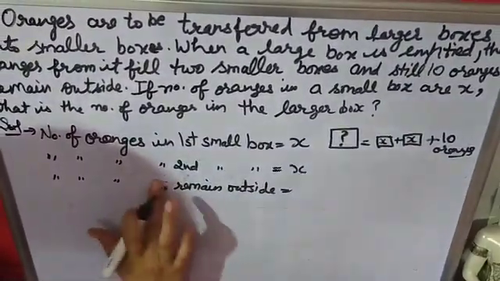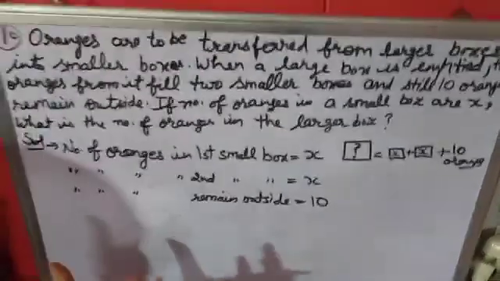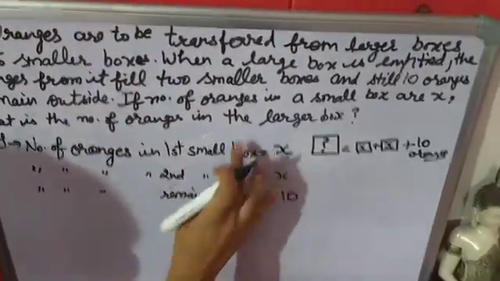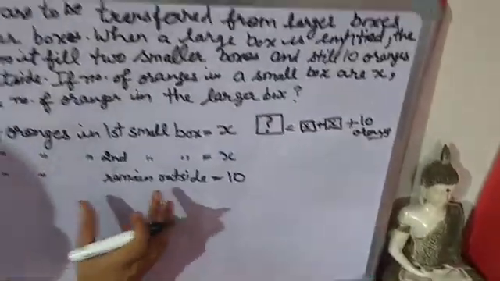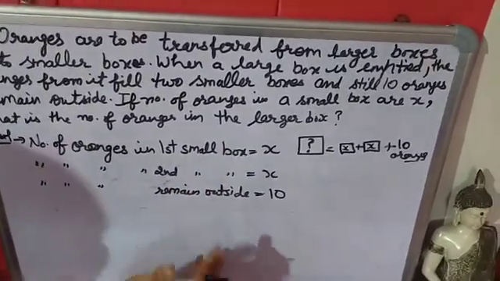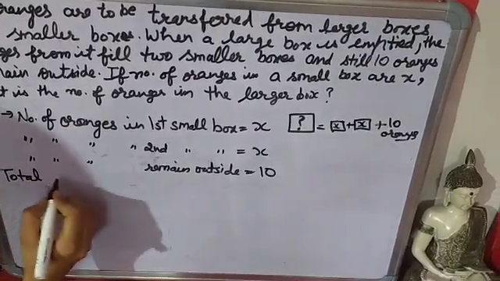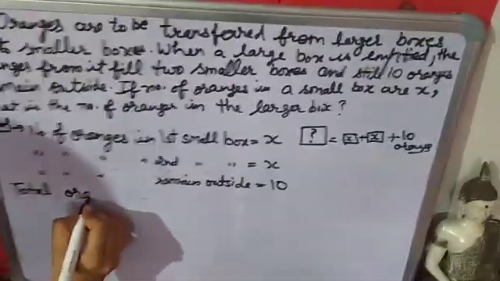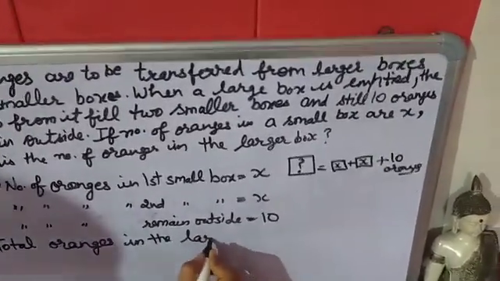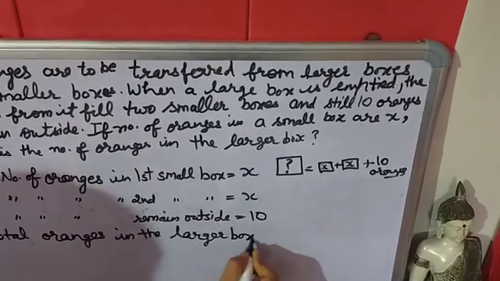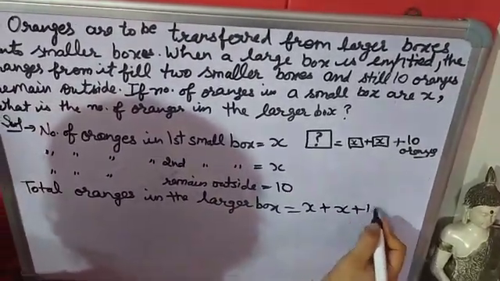Don't write still, write remain outside 10. Okay, so now you have to find the total number of oranges of the large box. So these all oranges are coming from the large box. So when we add all these oranges, then we will get the total number of oranges in the larger box. So you will write here total oranges in the larger box. So we will add these three, X plus X plus 10.